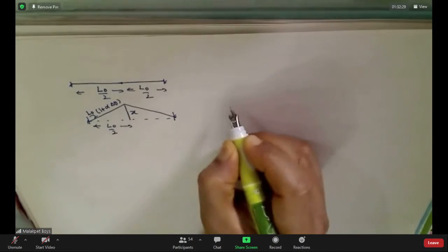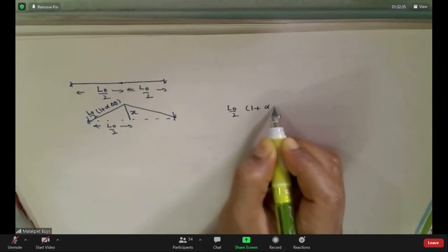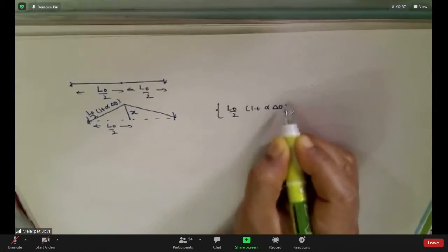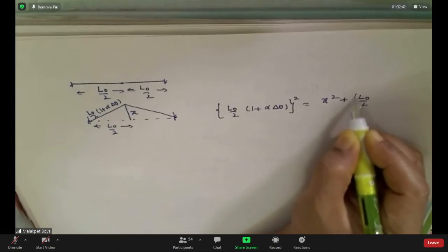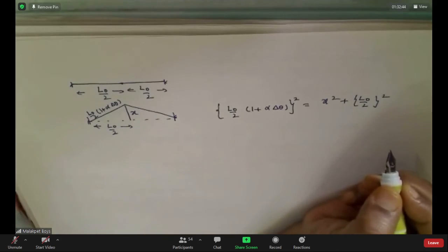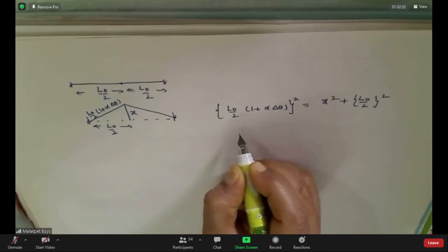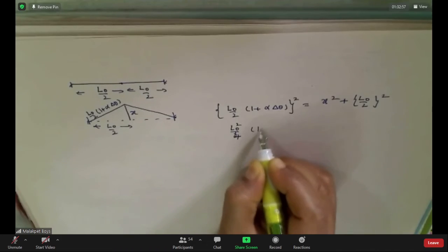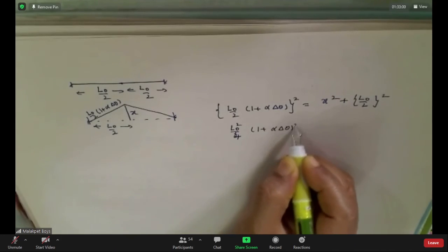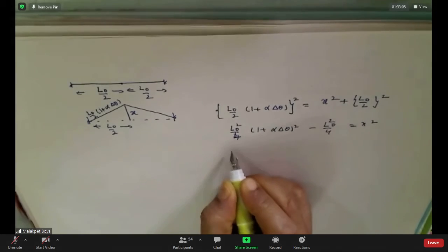Now from this Pythagoras theorem you can see this side is x square plus L naught by 2 whole square. Do you agree with this or not? Agree, sir. L naught square by 4 into 1 plus alpha delta theta whole square minus L naught square by 4 is equal to x square.